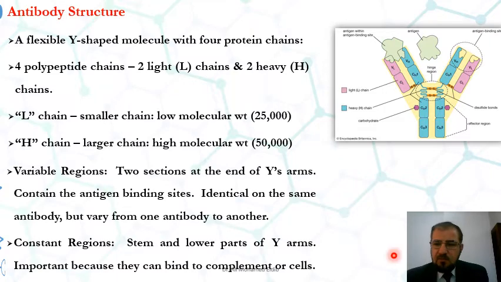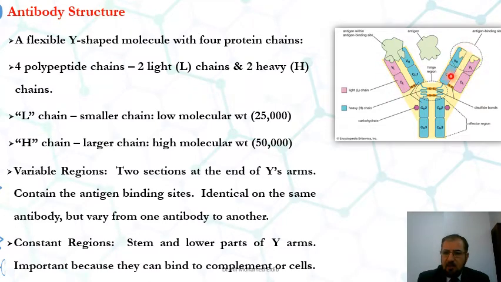Okay, now I'm going to explain the antibody structure. The monomer antibody is Y-shaped, as you see in this graph. This Y-shaped monomer is composed of two heavy chains, you see this blue, one heavy chain, and this one is another heavy chain, and two light chains.